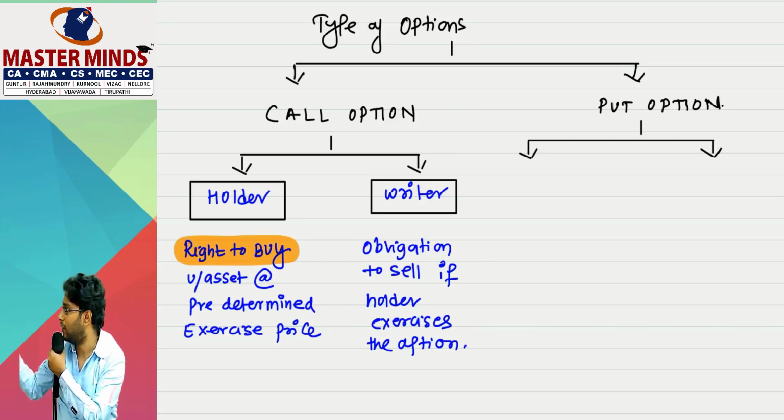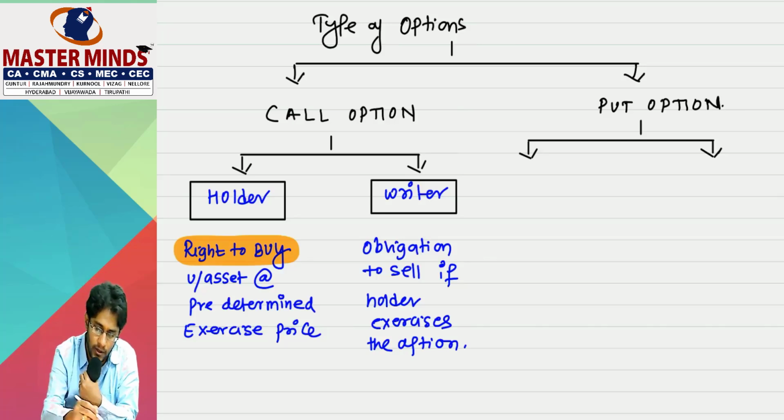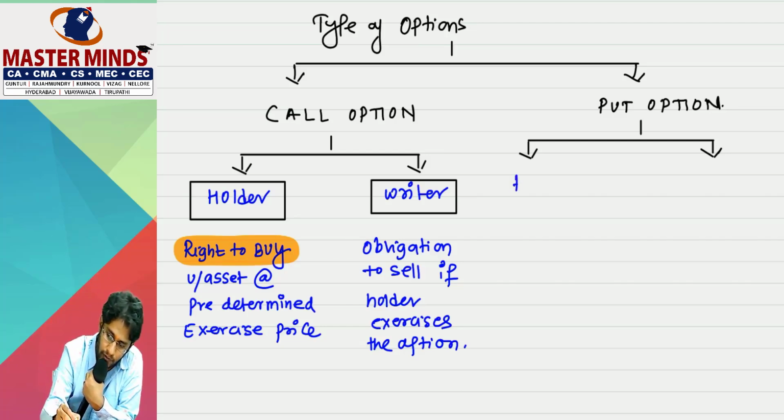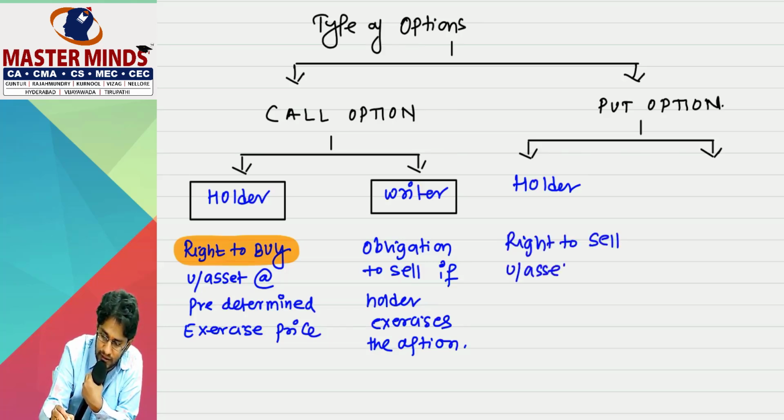If you remember that word, rest all drama you can create. Because he has a right to buy, that fellow has an obligation to sell. Put option holder also will have a right only, but this time it is a right to sell the underlying asset in future at a predetermined exercise price.